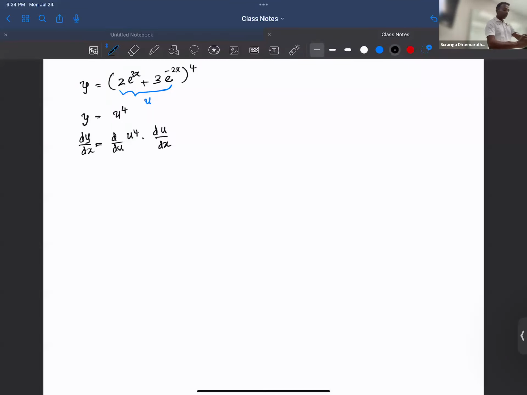So now you can do 4 times u to the power 3 times du over dx. u is 2 times e to the power 3x plus 3 times e to the power negative 2x. So now I've got to find the derivative of that part, which is what we did earlier. Same thing.